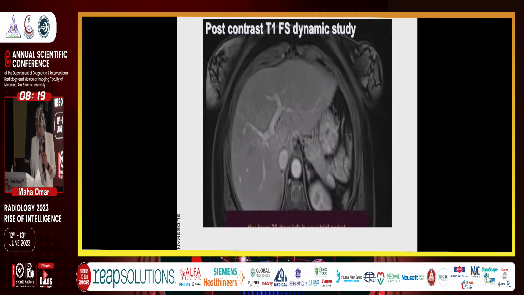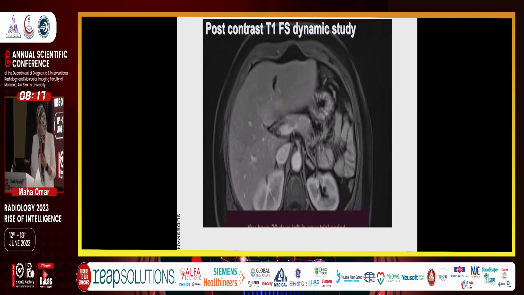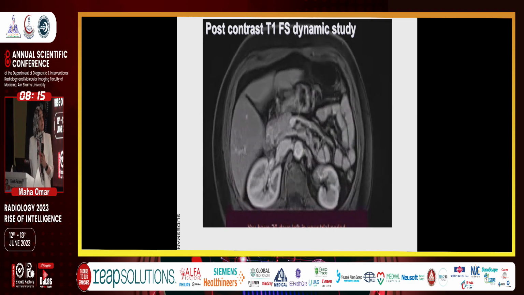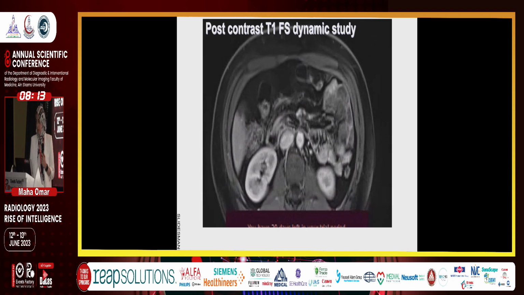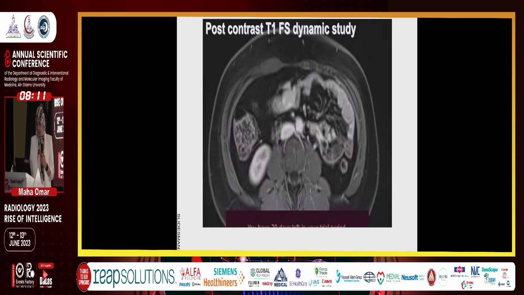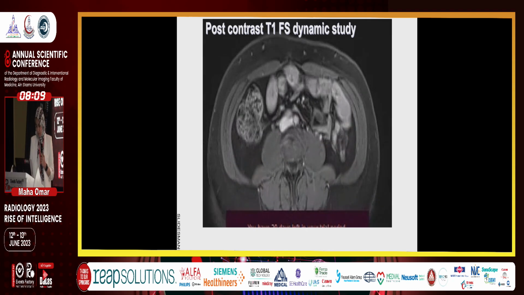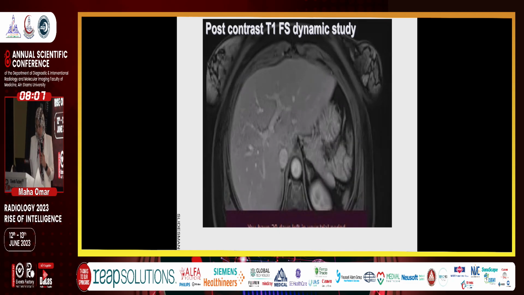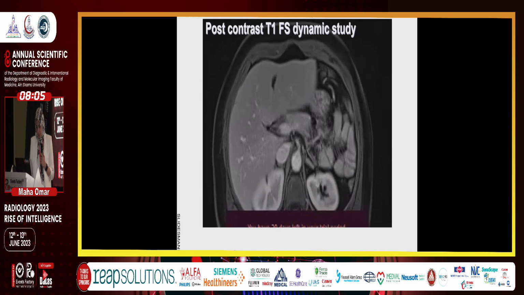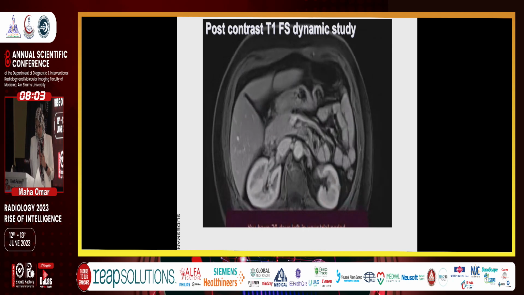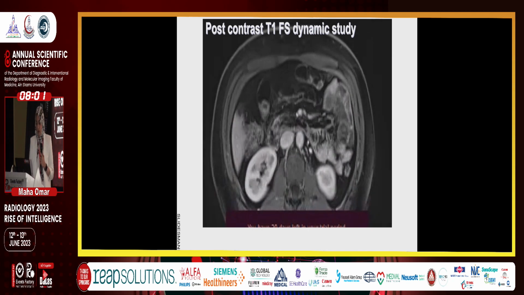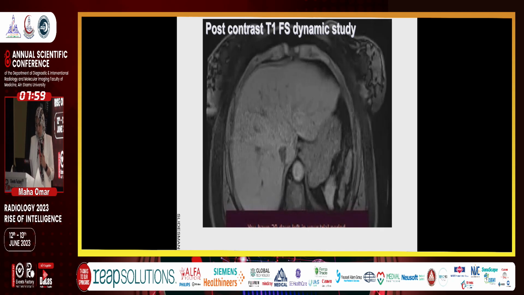The late arterial phase. And the portovenous phase. I think this is enough.